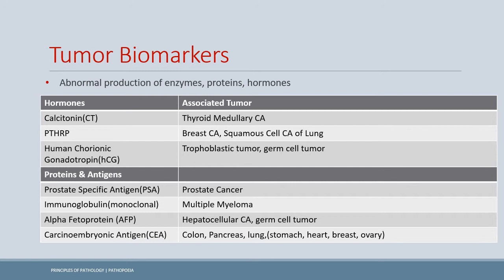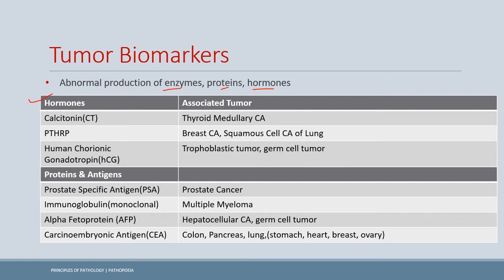Okay, now tumor biomarkers. Tumor biomarkers are usually the enzymes, proteins, hormones, even antigens. Okay, so these are the examples, and what can I do? I have to include them over here because they are important clinically and even for the examinations.